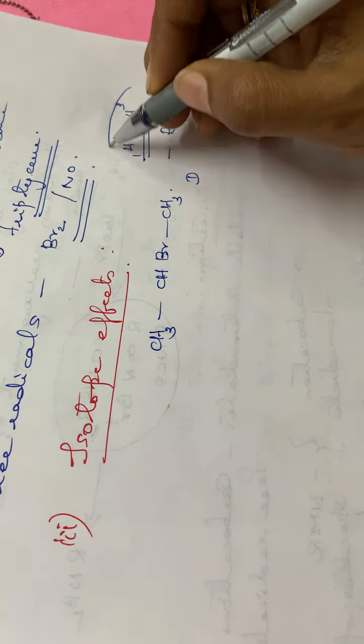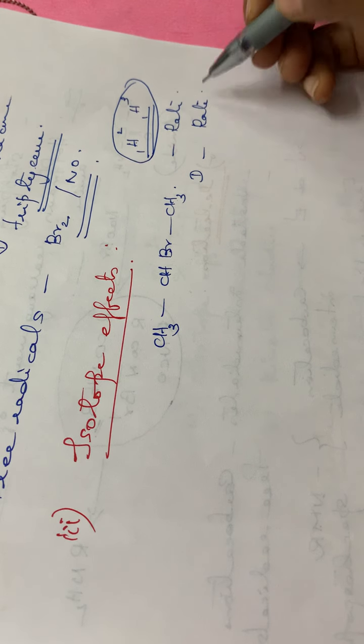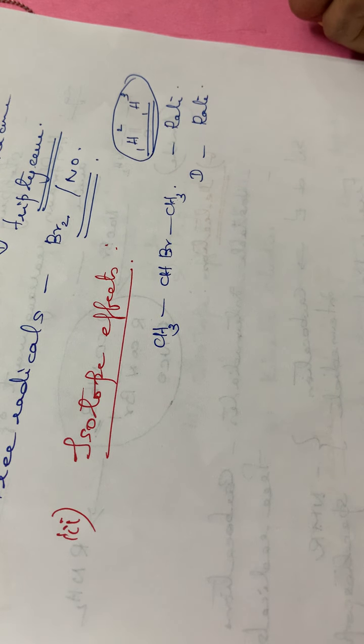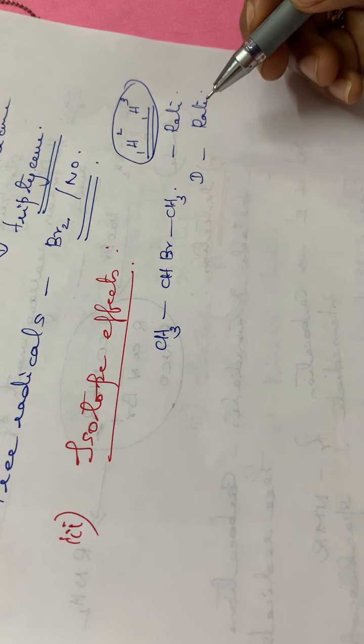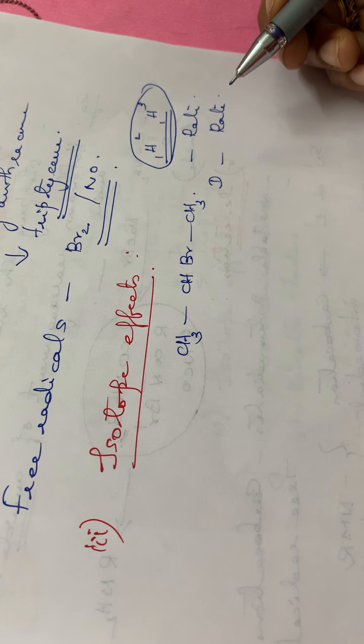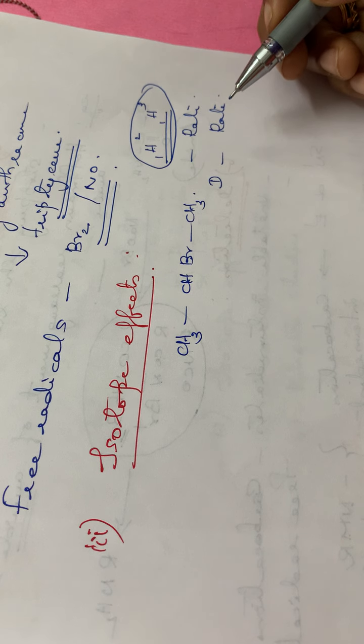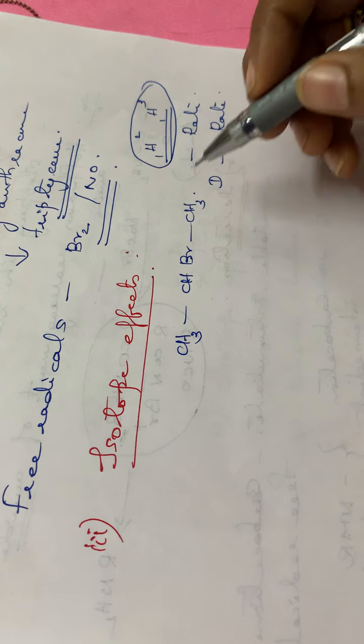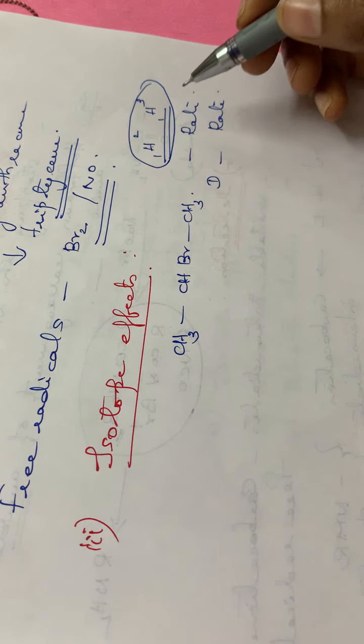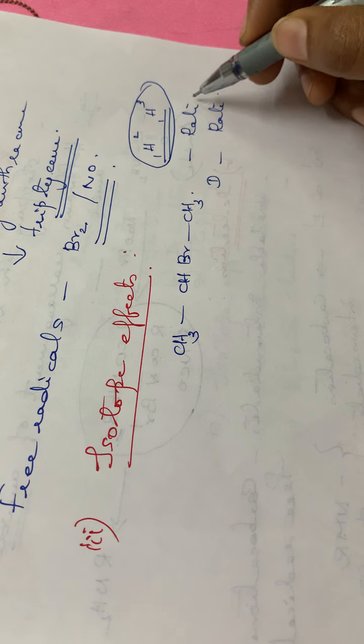Then we have to find out the rate of this particular reaction. Okay, so thereby we can determine the rate of the reaction, and thereby we can see what are the steps involved, whether the reaction is going on with SN1 or SN2 or E1 or E2.